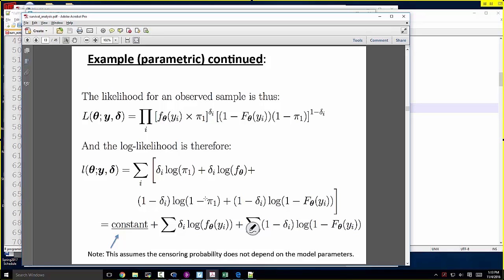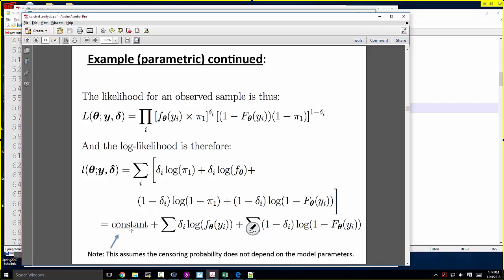And then the last line took everything that did not depend on theta and gathered it up into some arbitrary constant that we don't actually care about. If I'm doing likelihood-based inference, I want to maximize the likelihood with respect to theta.